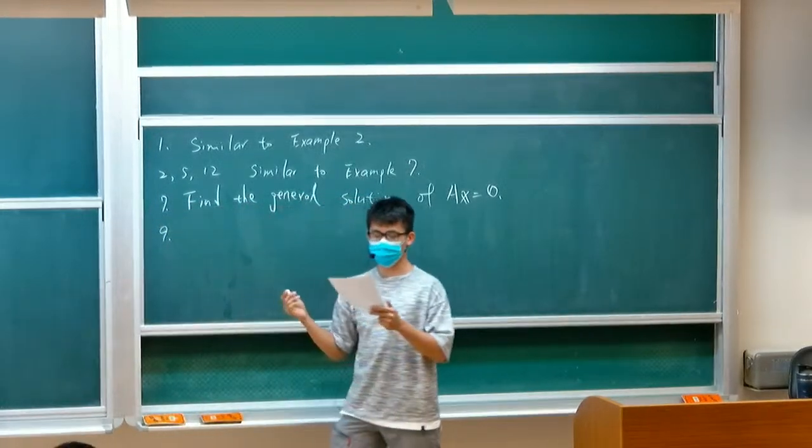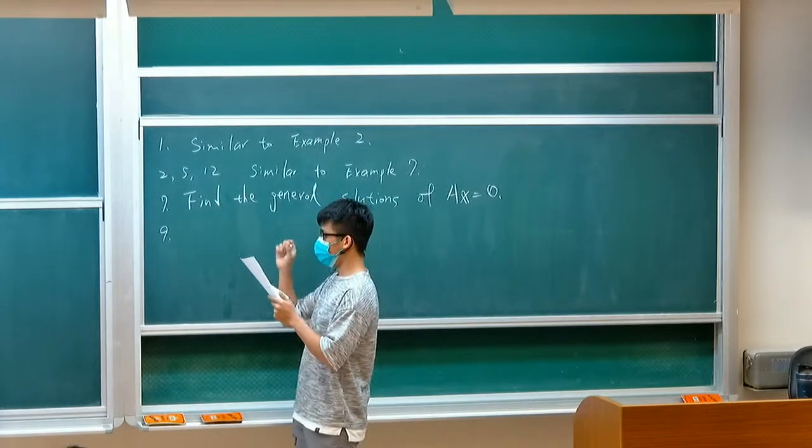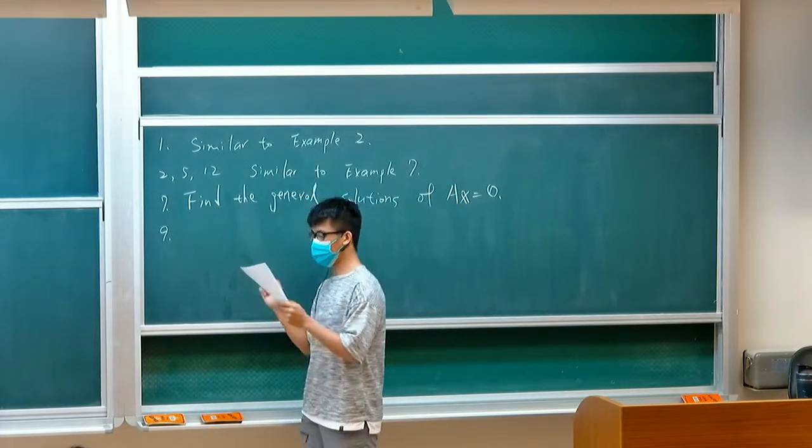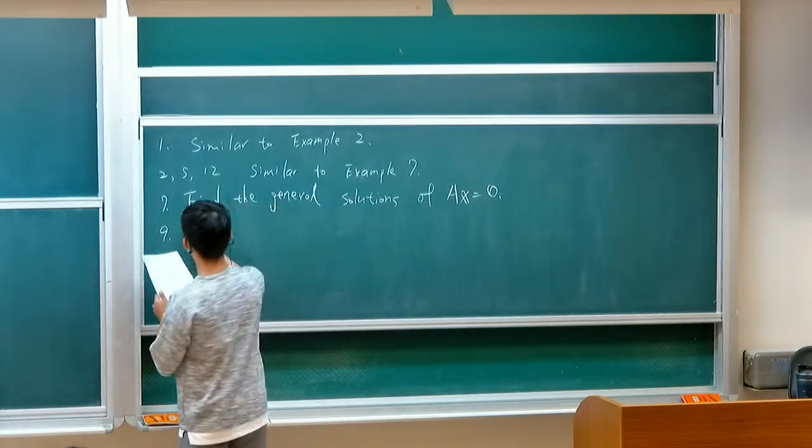For this problem, you need to make sure L is injective and surjective. Since it's a little bit troublesome, here I will just give you some hints, and please do the rest by yourself.